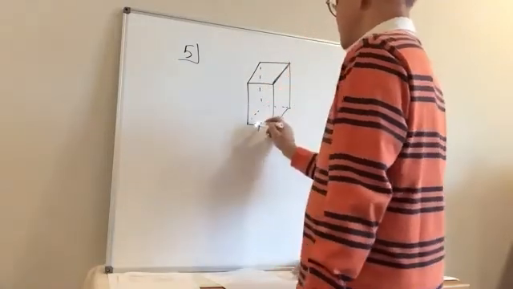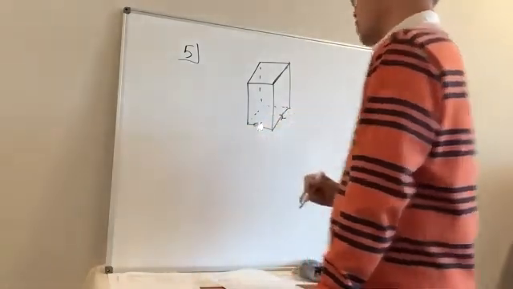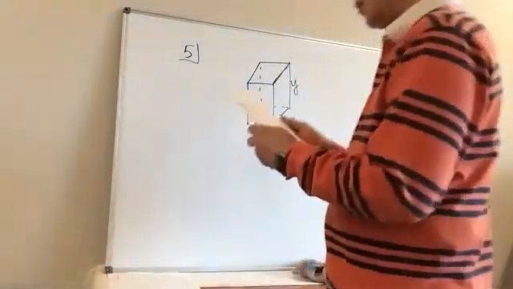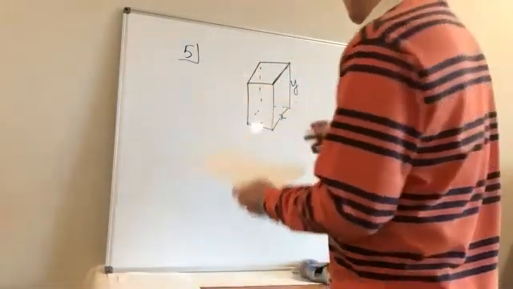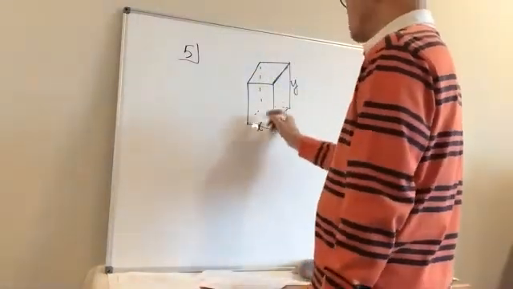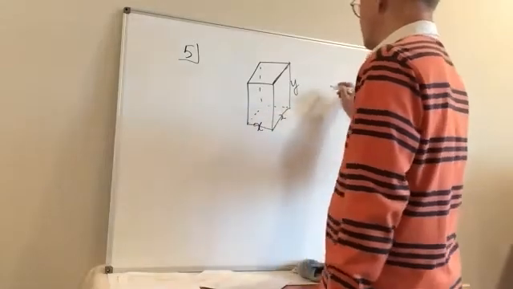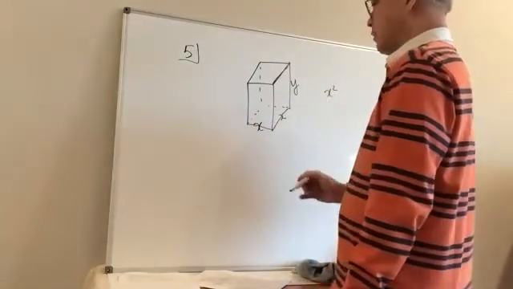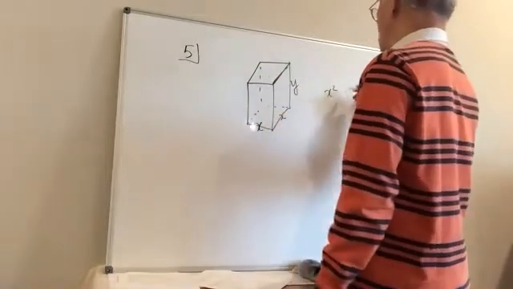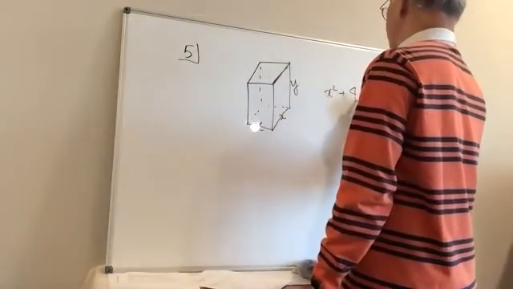So I have x by x on the bottom because it's a square, and a height of y, okay? I need to find the surface area. It's an open top, so I'm going to have one square on the bottom, and that area is going to be x squared. Then I'm going to have 4 sides, each side being xy. So I'm going to have 4 of those.